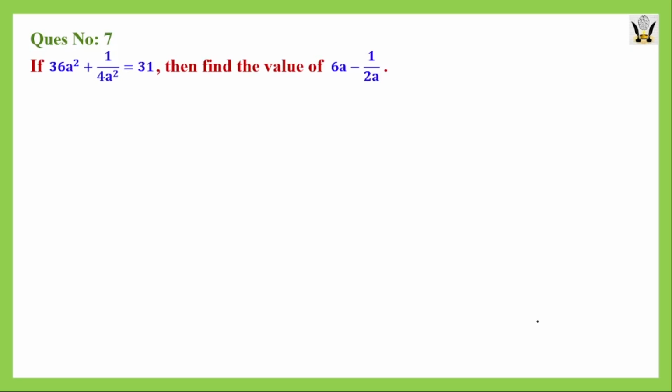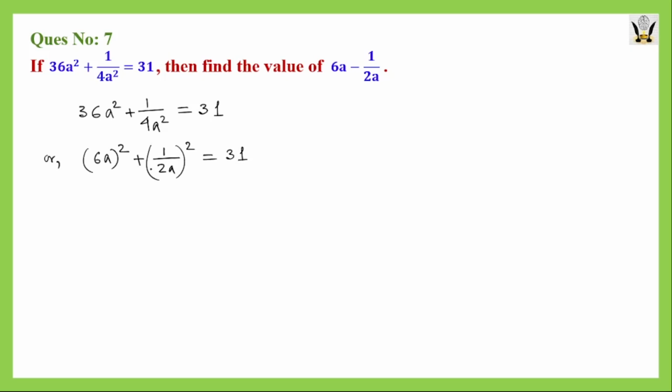Now in the next question and the last question of this class, we need to find the value of 6a minus 1 by 2a, where this condition is given. So 36a square can be written as 6a whole square, plus 1 by 4a square, which can be written as 1 by 2a whole square, and that is equal to 31.